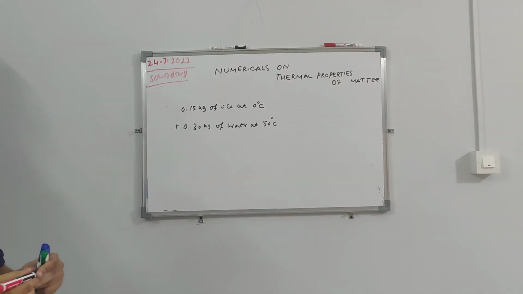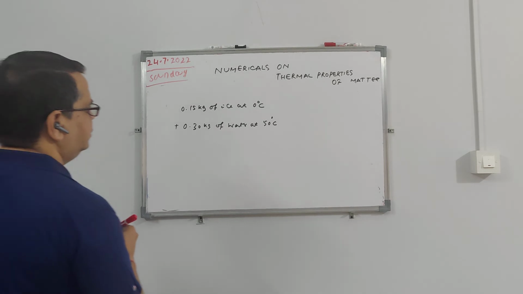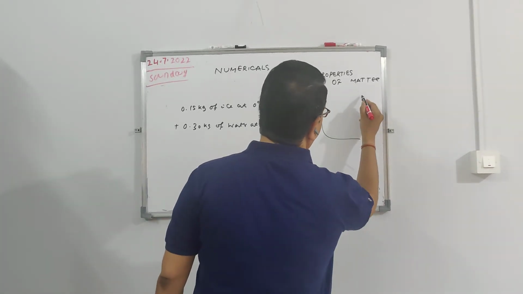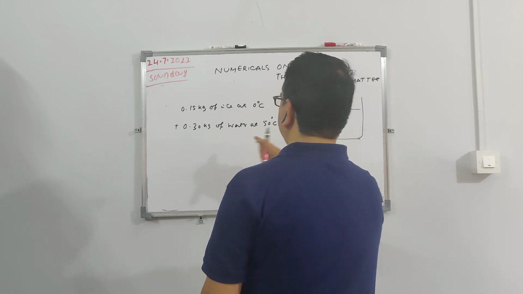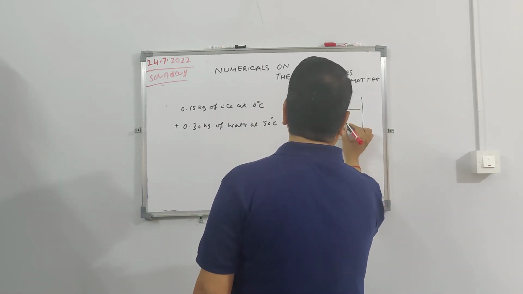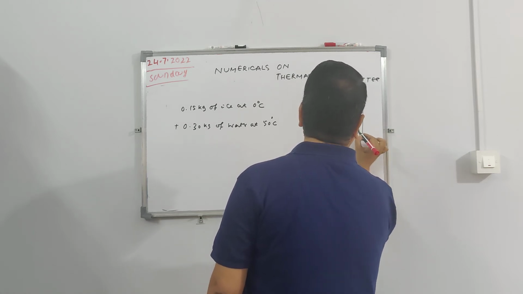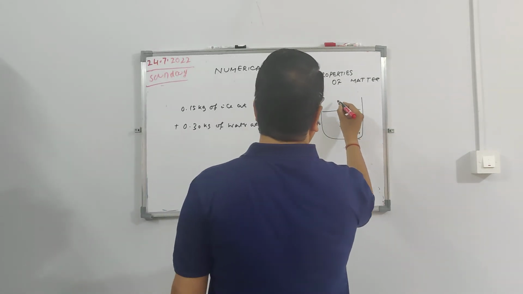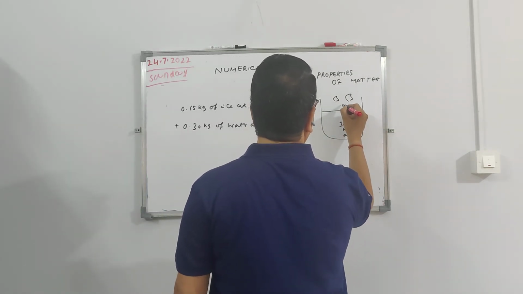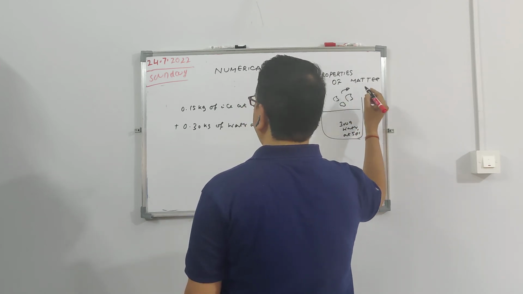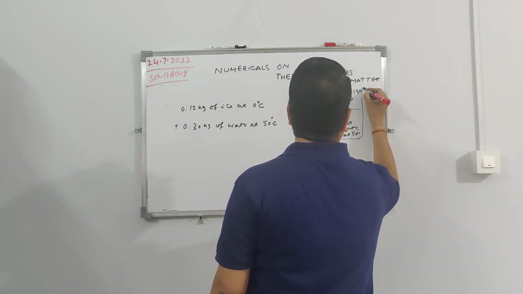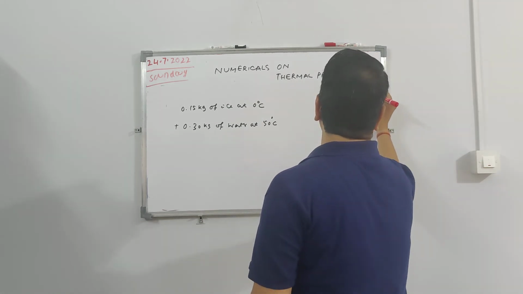The resulting temperature is 6.7 degree centigrade. So you have water in a container, 0.3 kg means 300 gram of water at 50 degree centigrade. And you have poured some ice into it, say 150 gram of ice at 0 degree centigrade.